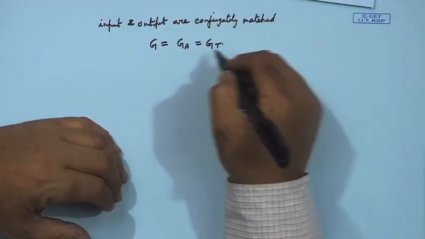Now, we want to find out what the powers are, because we have written this expression, but we need to make it gain etc. Finally, we need to convert to the device's parameters. So, here I can have any excitation Vs, but I need to find an expression of these quantities GA, G, GT in terms of the S parameters of the transistor, and also the load condition and source condition.